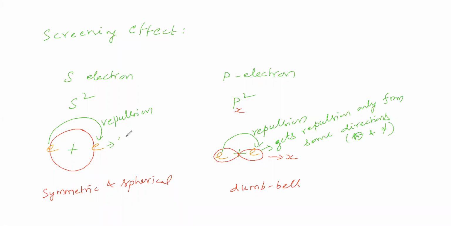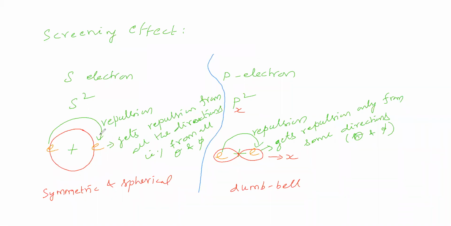Whereas this electron gets repulsion from all the directions, from all theta and phi, whatever the theta value, it will get repulsion. This electron gets repulsion from this electron from whatever theta and whatever phi, because this electron is in the s orbital that is symmetric and spherical.